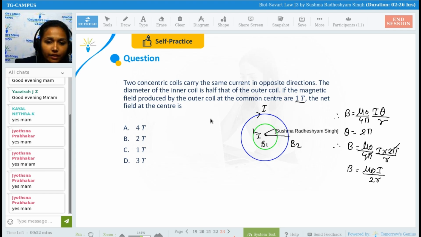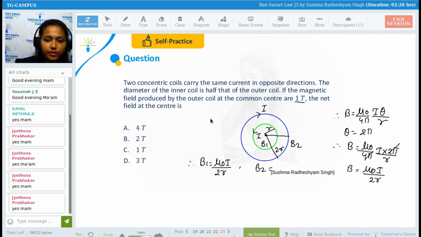Now for B1, if the radius is R, then for B2 the radius is 2R. So for B1, the formula is mu naught I upon 2R. For B2, instead of R, we write 2R, so it is mu naught I upon 4R. Clear this?